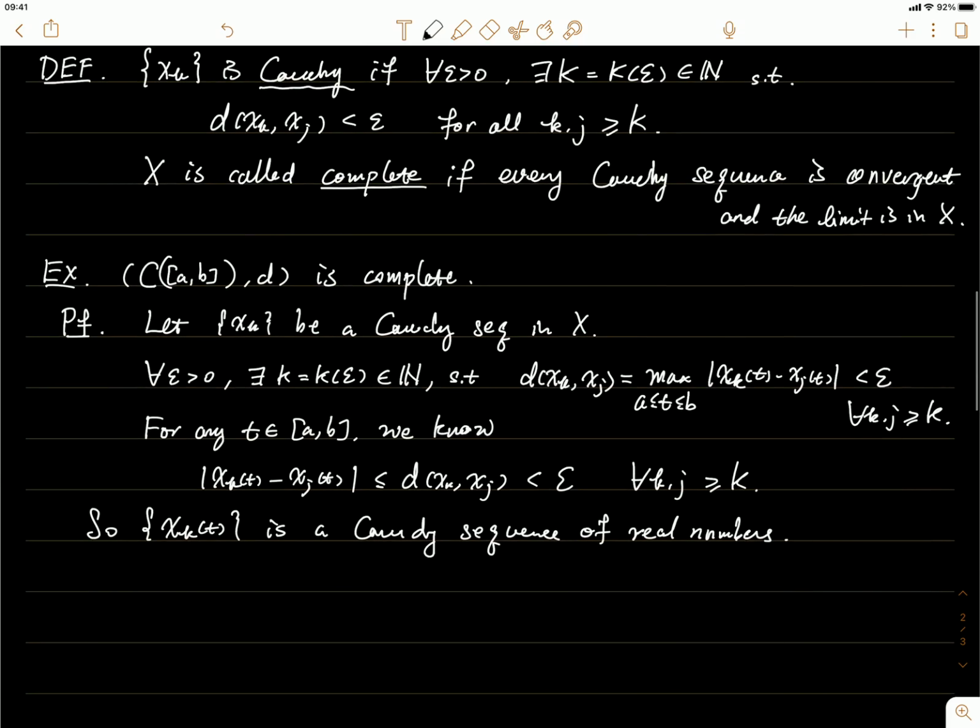Well, we know that the set of real numbers is complete. So if this is Cauchy, then it must converge to some point.